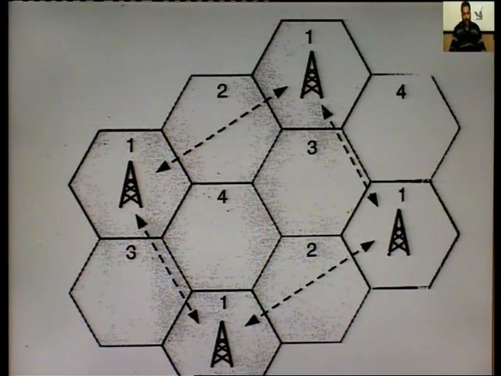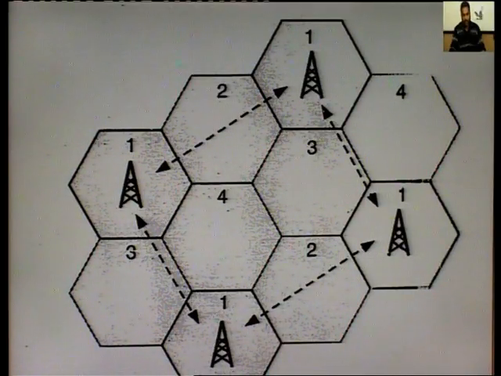Here, 4 different clusters are shown. Each cluster has 4 cells, and cell number 1 is shown 4 times, meaning the same frequency is used in each cell marked 1.